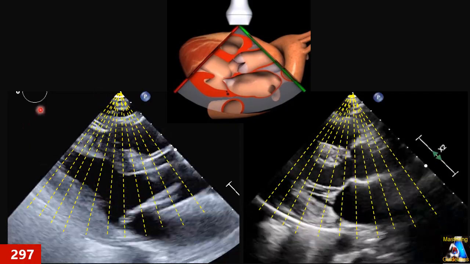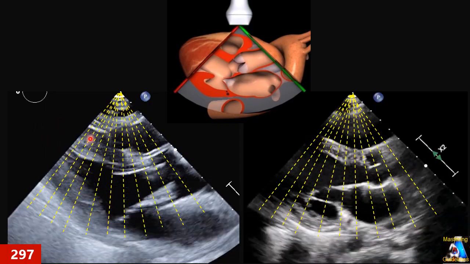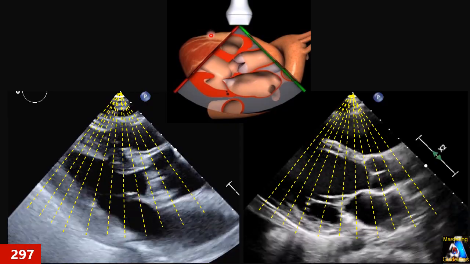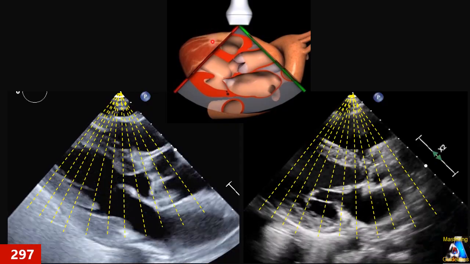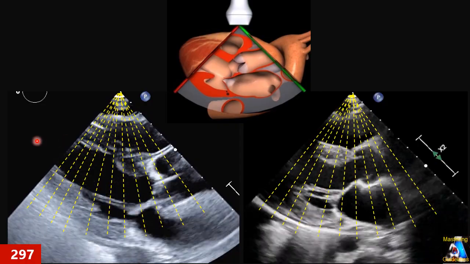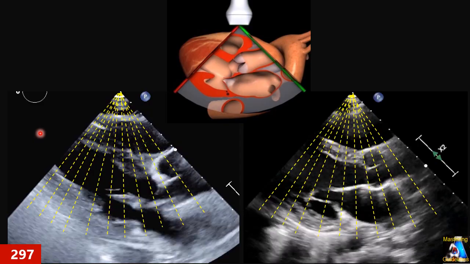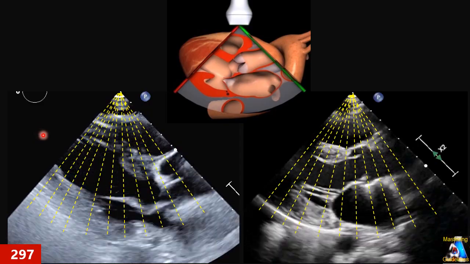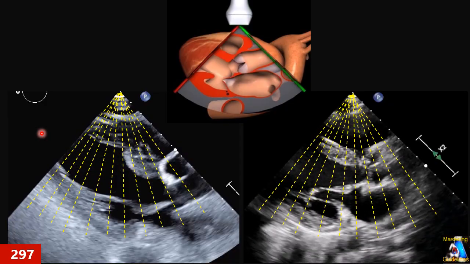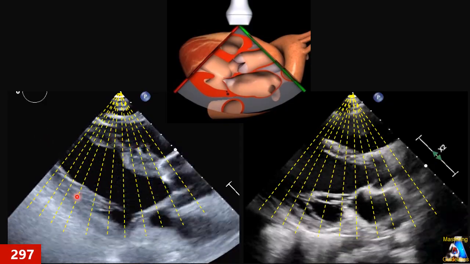You can just annotate it, for example in this case, low axis, because your probe, instead of being here, is moving toward the apex of the left ventricle. You just annotate it, and the cardiologist knows why you got this image: you didn't have a window and you went low axis. But it is still correct for measurement.